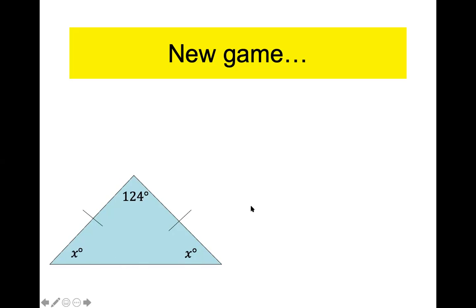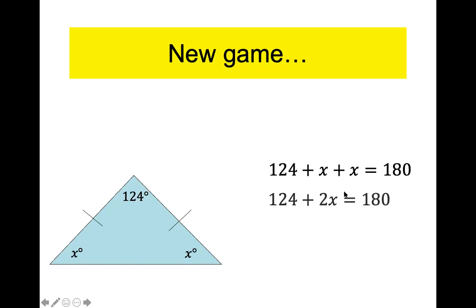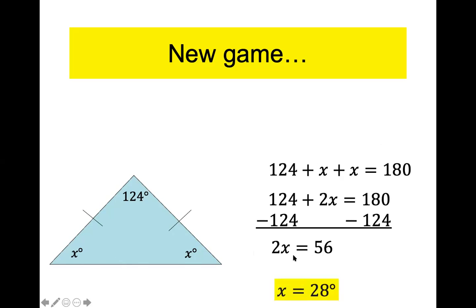So I simply combine like terms, x plus x is 2x, and solve that equation. In other words, subtract 124 from 180, which gives me 56, and then divide both sides by 2, and we get 28 degrees. So this x is 28, and that x is 28.